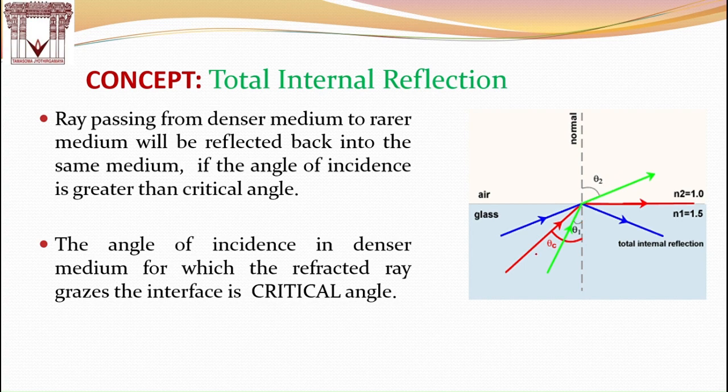The red ray traces the interface of the two media, and for the blue ray, the angle of incidence is greater than critical, so it is reflected back. That phenomenon is total internal reflection. So in this optical fiber experiment, the main principle is total internal reflection.